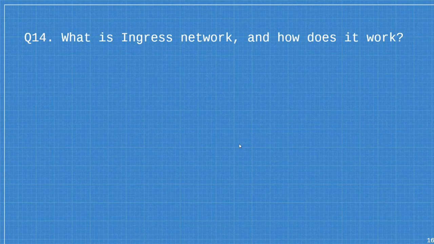What is Ingress and how does it work? Actually, Ingress is basically a Kubernetes object. Sometimes we confuse it with a service. It is not a service; the service will remain LoadBalancer.